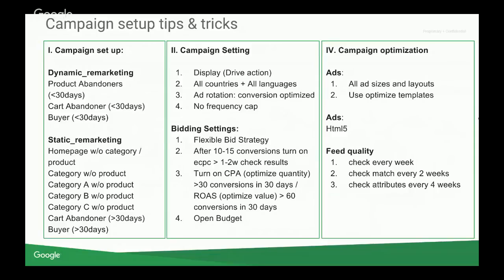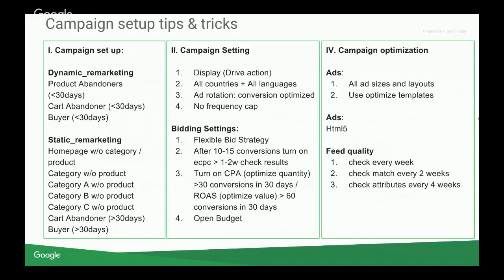And when it comes to the feed quality, the system already gives you some recommendations and basically prompts you to the site where you have instructions on what needs to be corrected, and also be patient, as you mentioned before, as it takes some 3 business days for your feed to be reviewed once your campaign is active. And otherwise, you can check it every week, or let's say 2 weeks, and check different attributes every 4 weeks, so not so often.